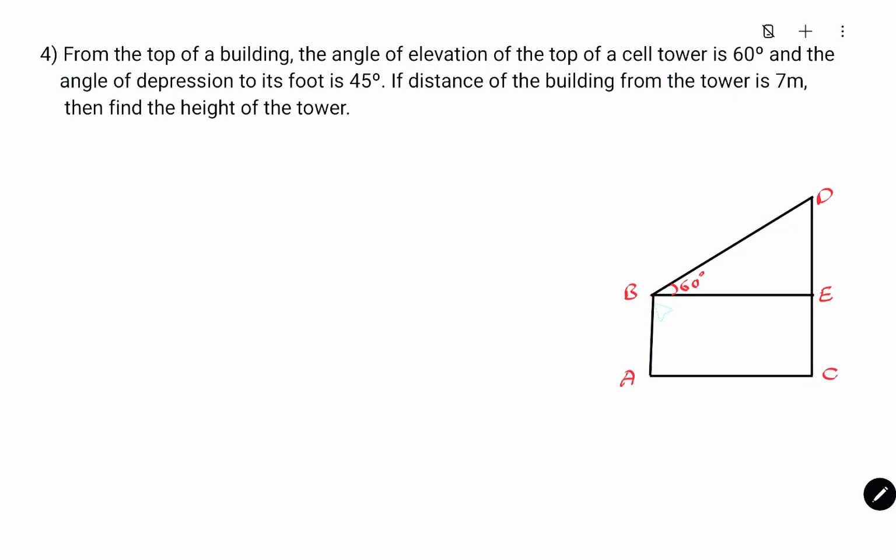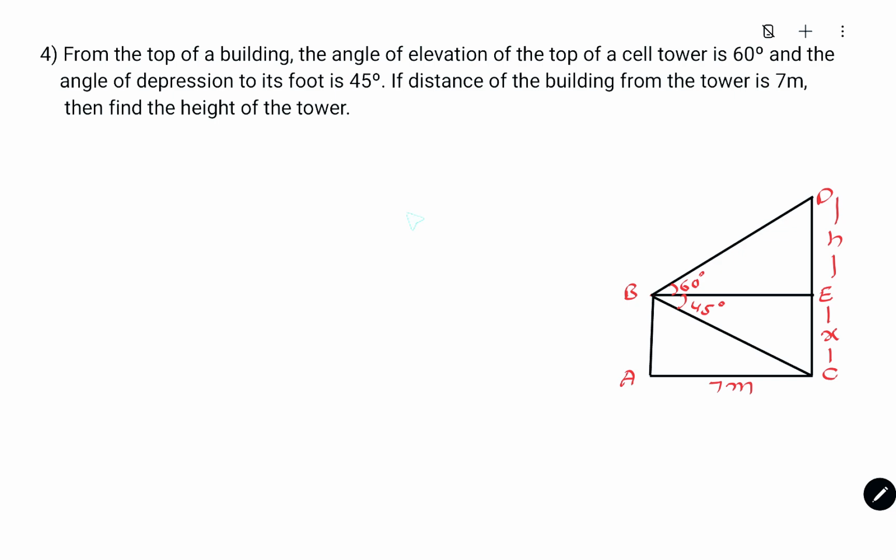Draw one line from B to C. Now the distance between the building and tower is 7 meters. Here we need to find the height of the tower, which is CD. We assume DE length is h and EC length is x.